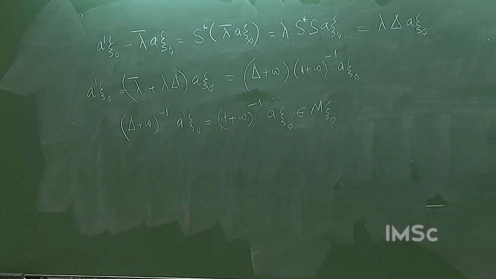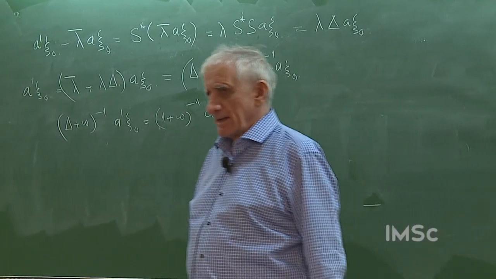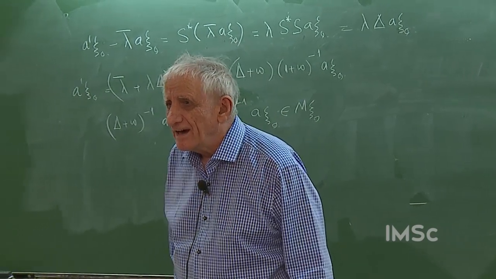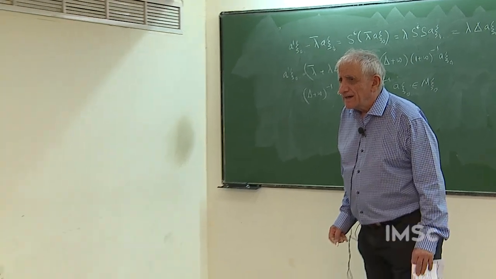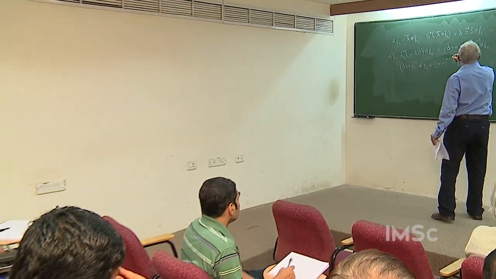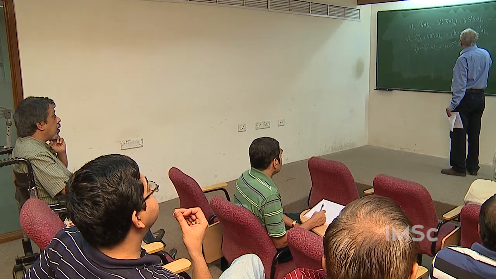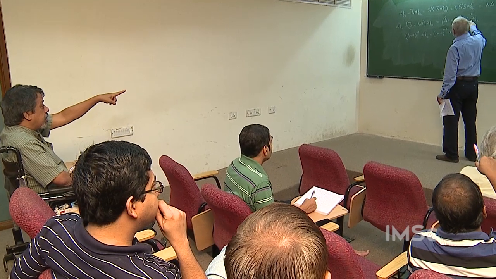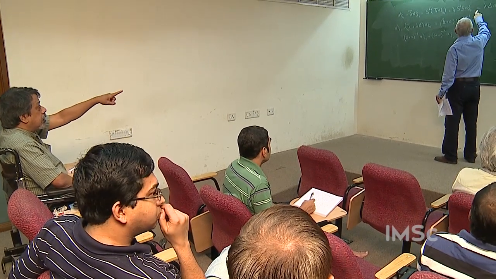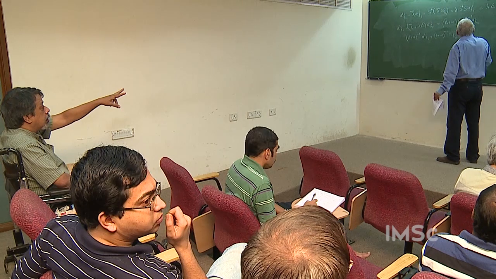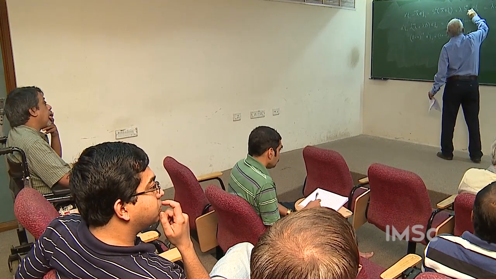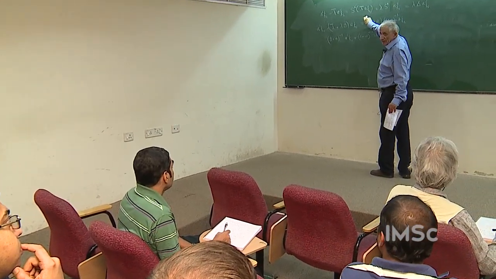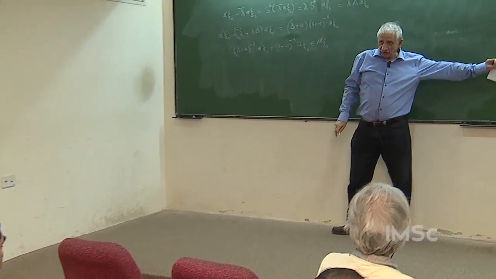Sorry, one silly question. Why is A psi naught in the domain of delta? Simply because it was in the domain of S star, because of the computation there.